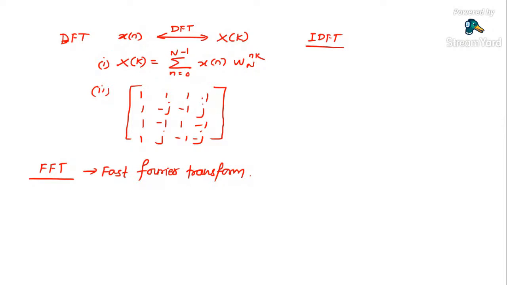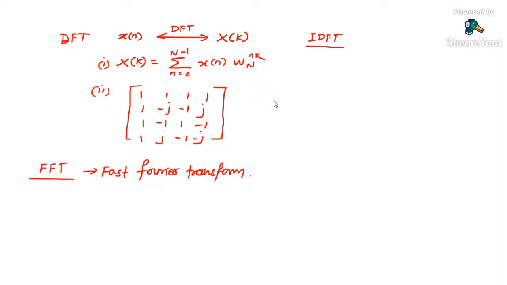In case of DFT, you are multiplying the numbers, you are adding the numbers, means there is complex number multiplication, complex number addition, real number addition, real number multiplication. Means the calculations required are more, and hence the computer which performs the DFT requires more time for calculation.